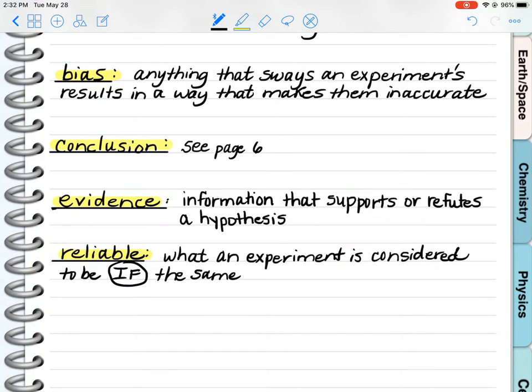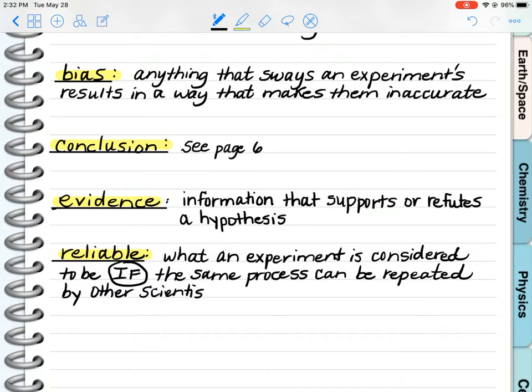Remember, your experiment is a process. Can be repeated by other scientists. So we're talking about other trials of the experiment. To get the same results. Or with the same result.